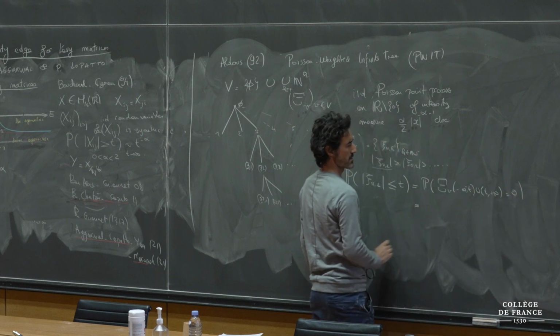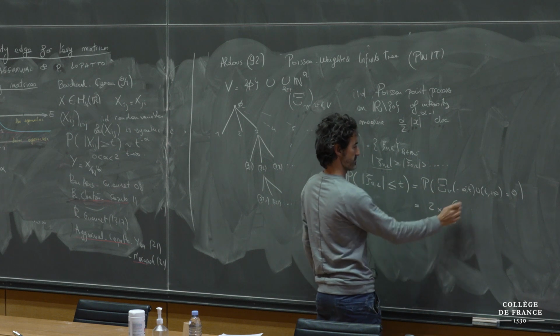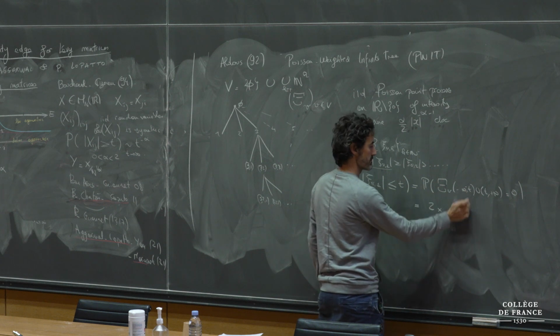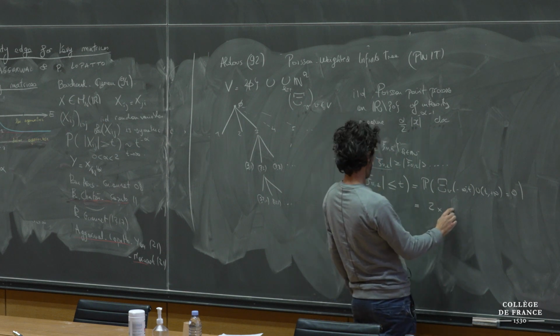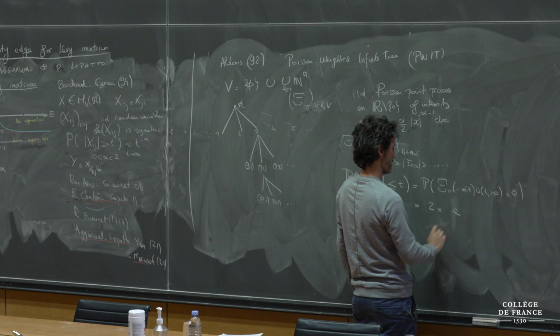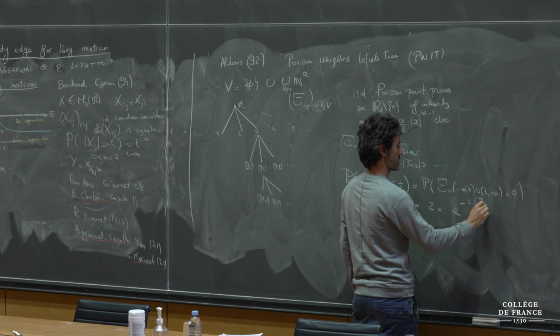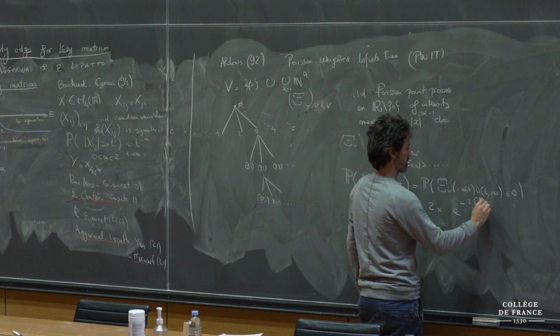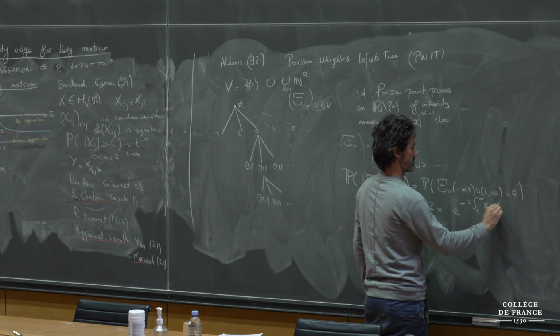So this is twice the probability that the Poisson measure is 0. It will be the exponential of minus twice times the integral from t to infinity of alpha over 2 x to the power minus alpha.